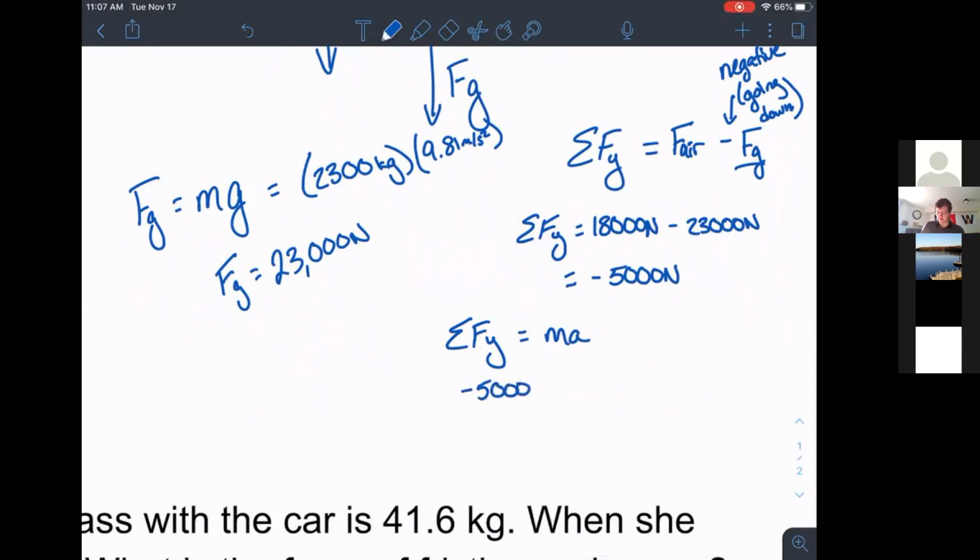So negative 5,000 equals my 2,300 times my acceleration, which means I can find my acceleration to be negative 2.2 meters per second squared, or 2.2 meters per second squared towards the ground. Are you okay with that?